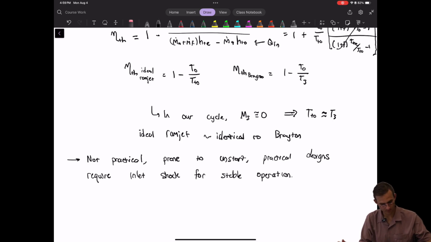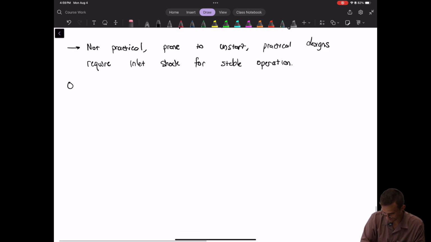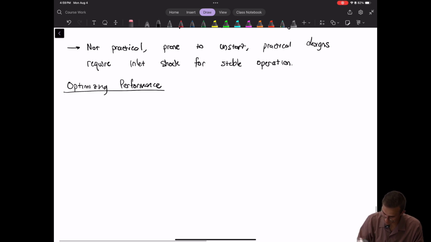Okay, so let's spend a little bit of time here optimizing the performance of the ramjet, and then we'll be done. We want to optimize in terms of our engine parameters like tau lambda and tau r.